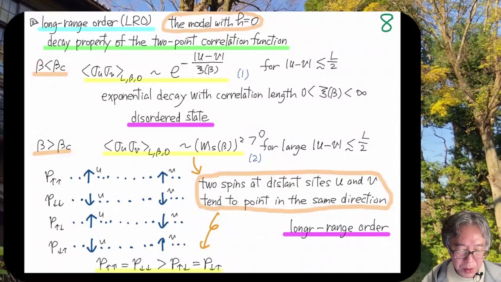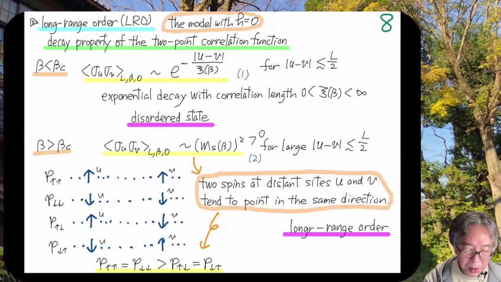In the high temperature region, if you look at this correlation function, then you find that it decays exponentially. Here psi is a finite quantity called the correlation length, and so it shows this behavior. So it's not quite small when the distance between u and v is less than psi, but if the distance exceeds psi, then it starts decaying quickly and goes to 0 rather quickly.